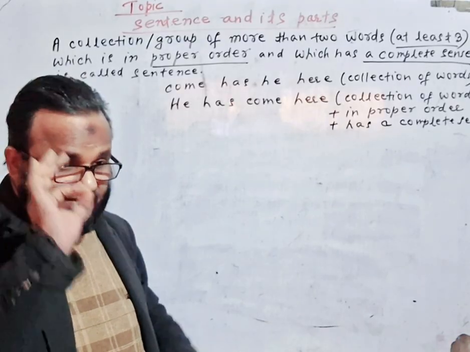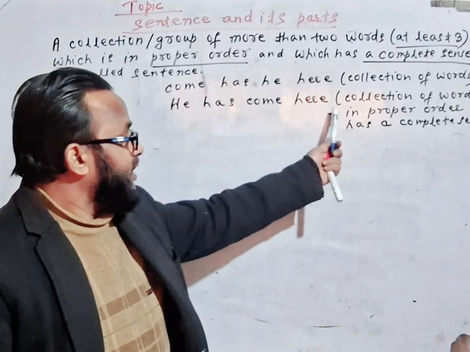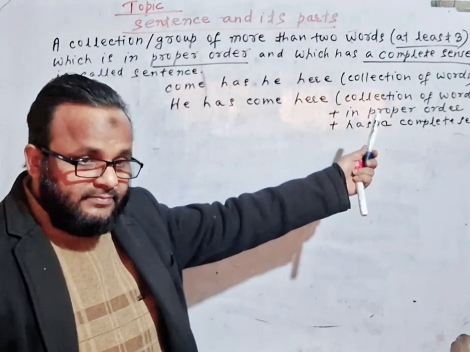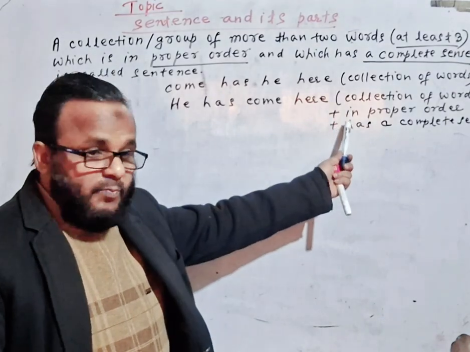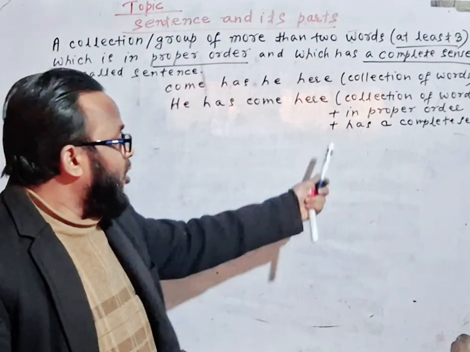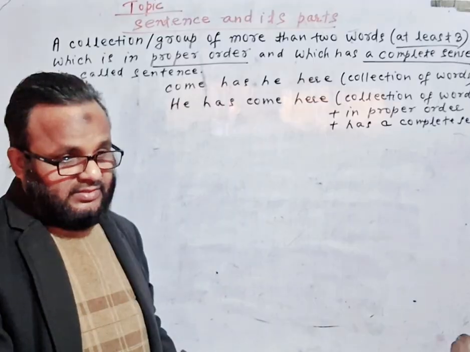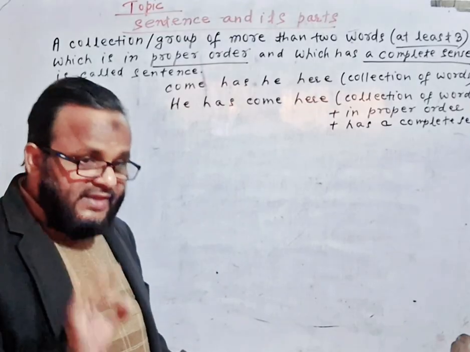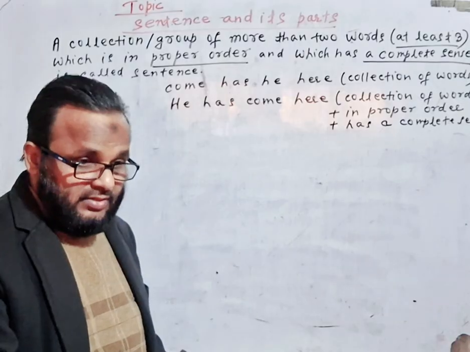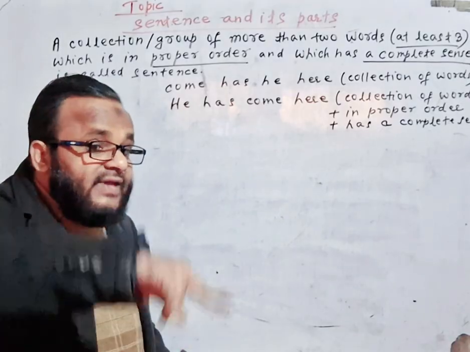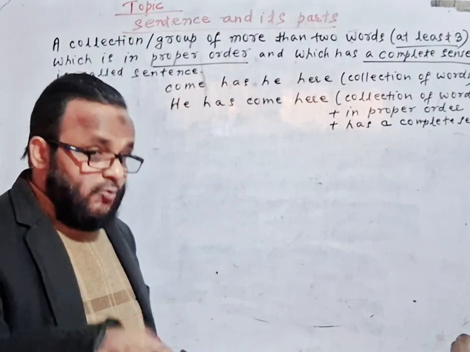राइट? सेंटेंस होने के लिए कलेक्शन ऑफ वर्ड्स का होना जरूरी है, कम से कम 2 से ज्यादा वर्ड्स का, और प्रॉपर ऑर्डर में होना चाहिए, और उसका कंप्लीट सेंस होना चाहिए. राइट? तो फॉर बीइंग अ सेंटेंस देयर मस्ट बी कलेक्शन ऑफ मोर देन 2 वर्ड्स, more than 2 words, at least 3 words.